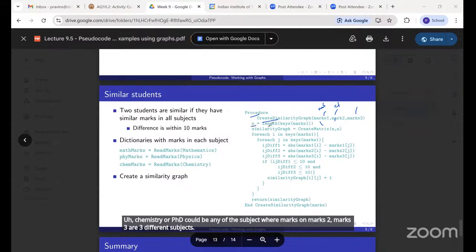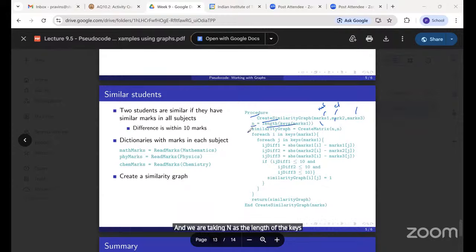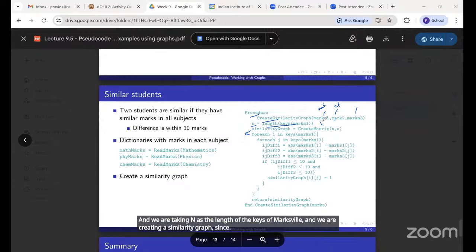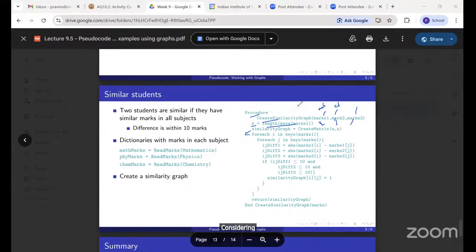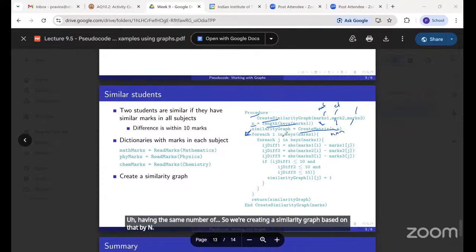We take n as the length of the keys of marks 1 and create a similarity graph, considering marks 1, marks 2, marks 3 all have the same number of keys. So we create an n by n similarity graph.